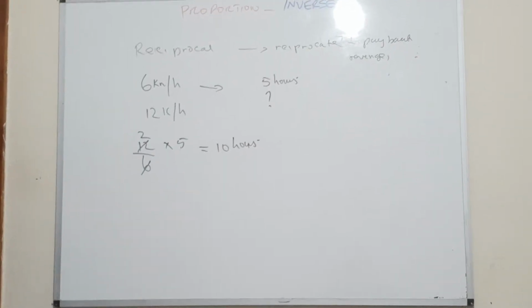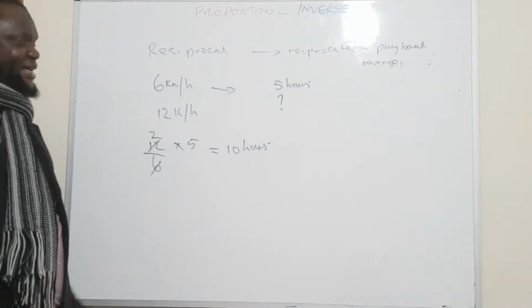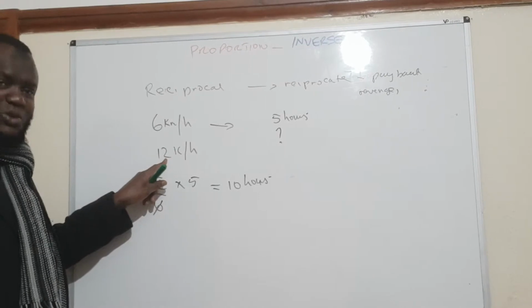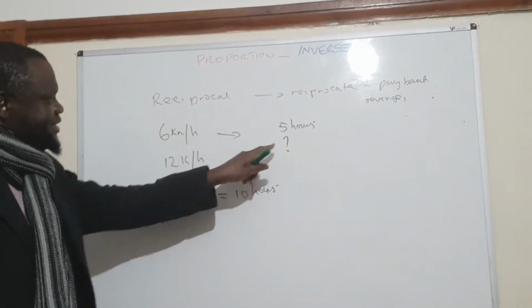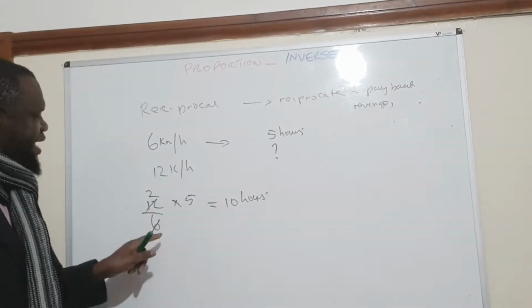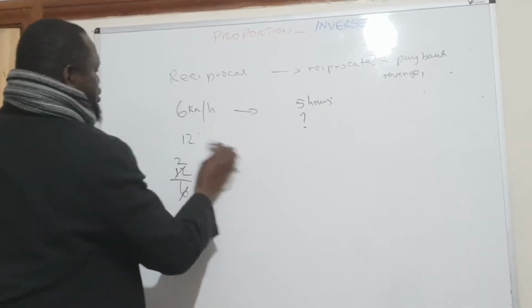Now, does it make sense? No, it doesn't make sense. It is all proportion, but it doesn't make sense. If a person doubles speed, the time he takes must be halved. So direct proportion would not help here. That's why they call it inverse proportion.